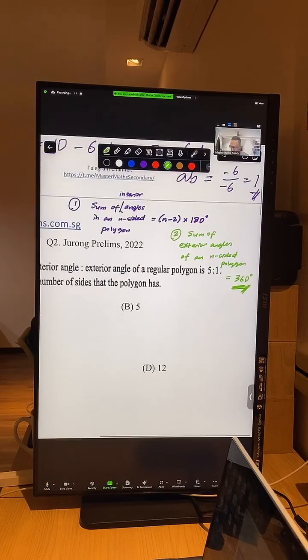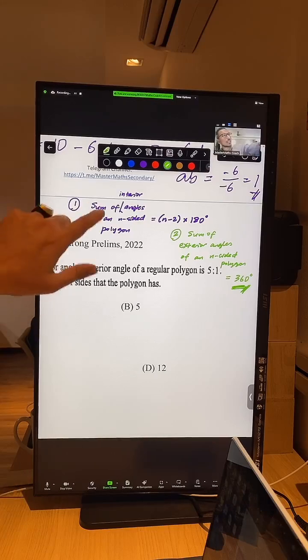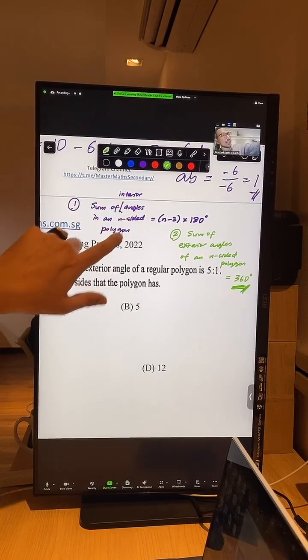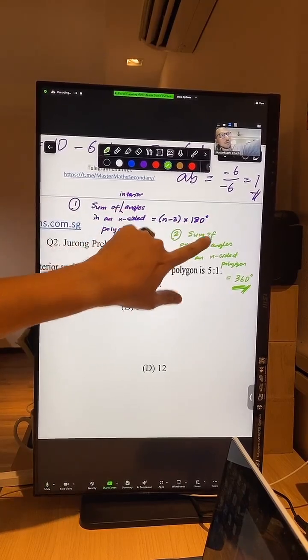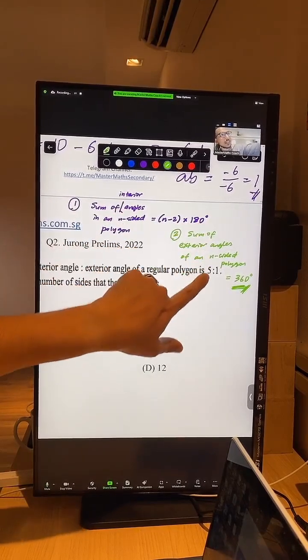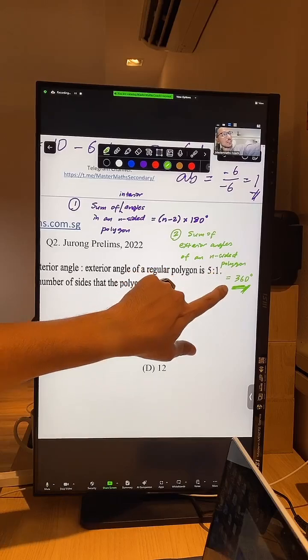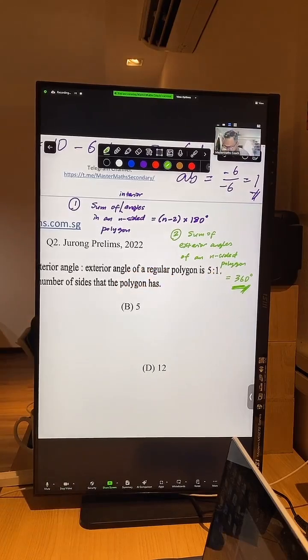Okay, so these are the two things you need to know. Sum of interior angles in an n-sided polygon, n minus 2 times 180 degrees. Sum of exterior angles in an n-sided polygon, 360 degrees.